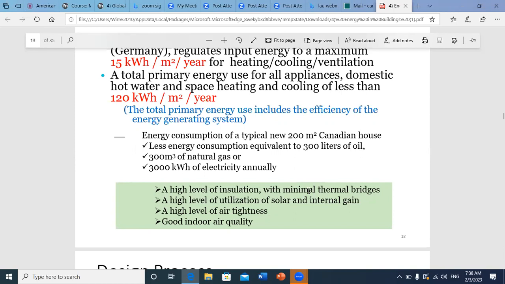For example, in a country where solar energy is widely available, one of the best strategies is to use solar energy. While in countries where you don't have a lot of sun, you can go to wind energy, hydro power, etc. We should try to ensure a high level of air tightness while preserving a good indoor air quality.